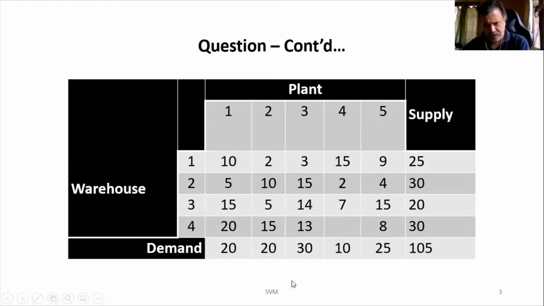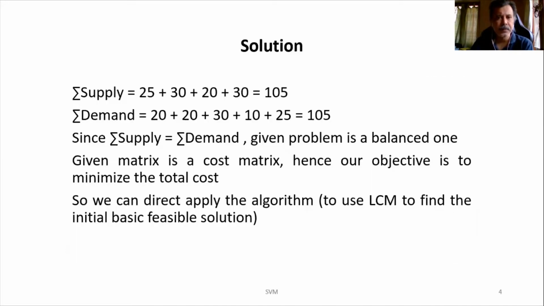Then the demands from various plants and the supplies available from various warehouses are also given, and the total of that is the same, 105 only. So basically this is a balanced transportation problem.